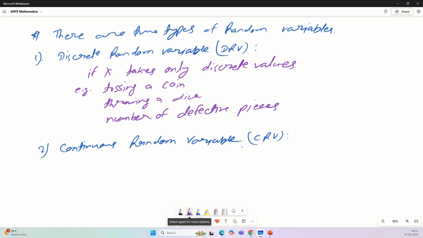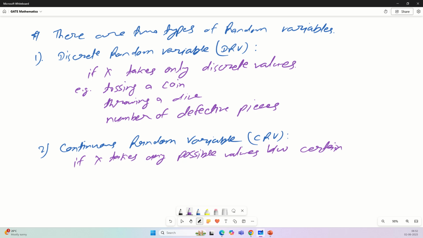So you can say if x takes any possible values between certain limits, let us say a and b.